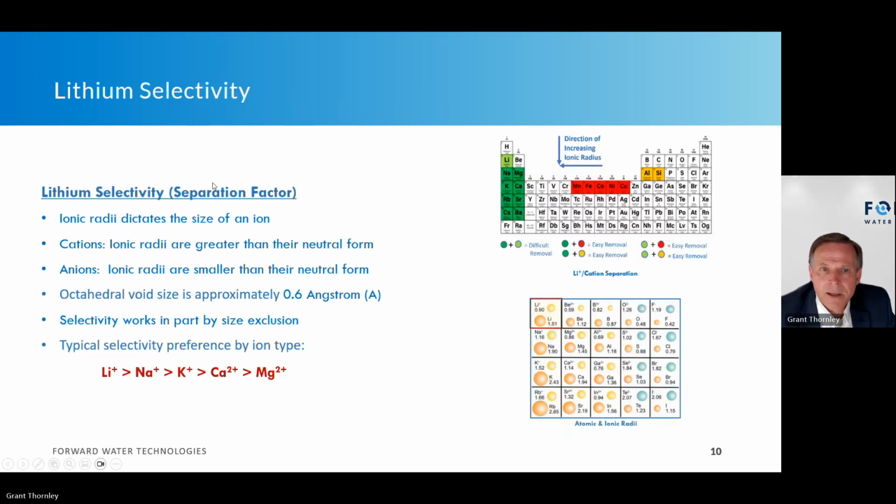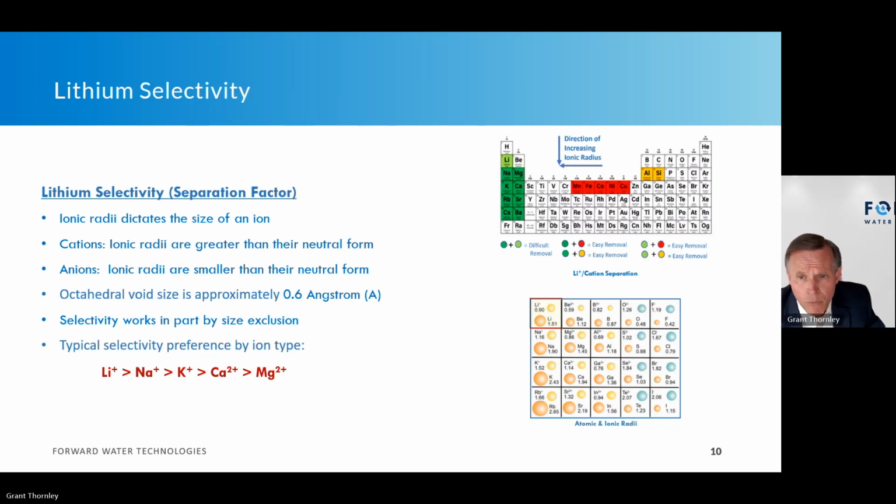Because lithium selectivity works partly, the majority of it, by size exclusion, meaning that you can't push a basketball through a pinhole. So if an ion is not the right size, if it's too big, bigger than 0.6 angstroms, it's not going to be able to be absorbed into that void. Lithium is the right size, so it's absorbed onto it.